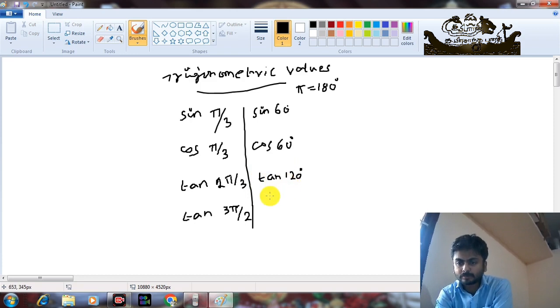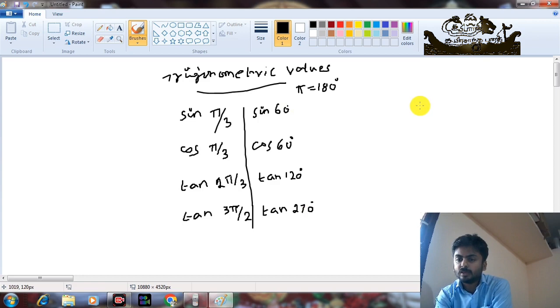And here finally we are having tan 3 pi by 2; pi by 2 is 90, 90 into 3 is 270. So tan 270.